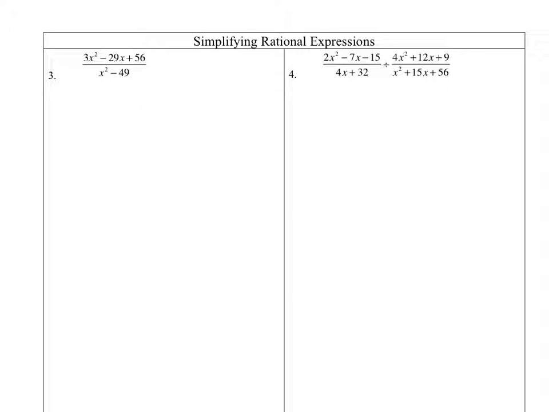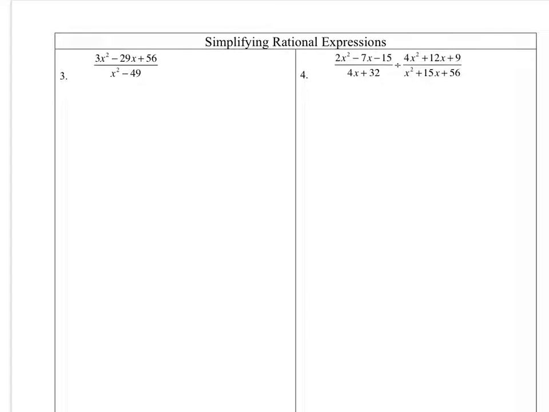Next up, we've got some simplifying rational expressions, in other words, factoring, and lots of factoring. My first one is 3x squared minus 29x plus 56. So I'm looking for things that multiply to 168 and add up to negative 29.